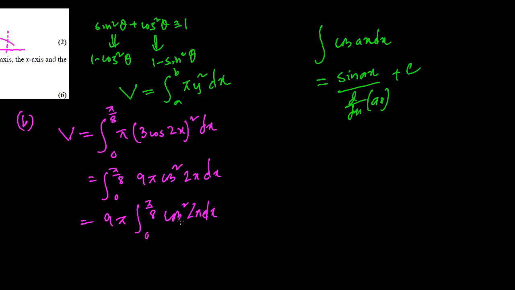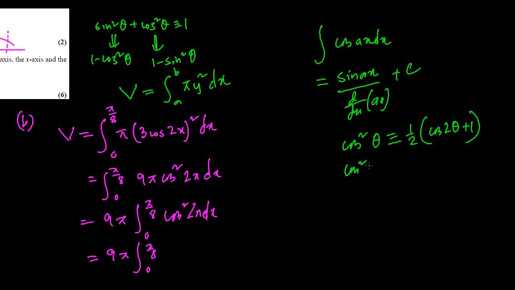Now we cannot integrate this. So for that, we have to write down an identity that looks like cos theta. The identity is, if you have cos squared theta, instead of that you can write it as half of cos 2 theta plus 1.